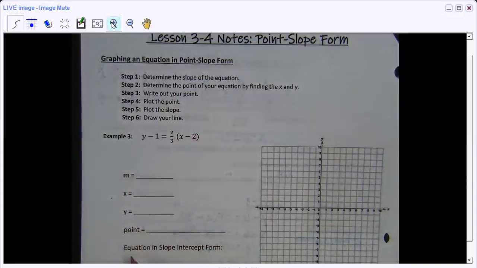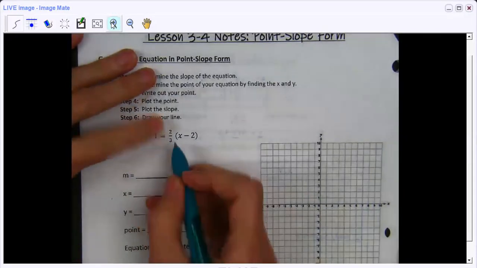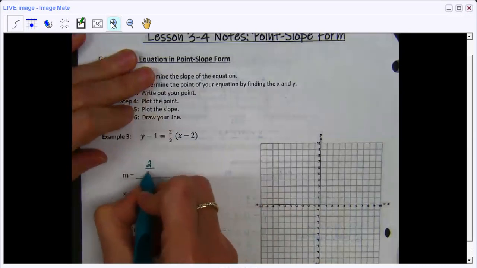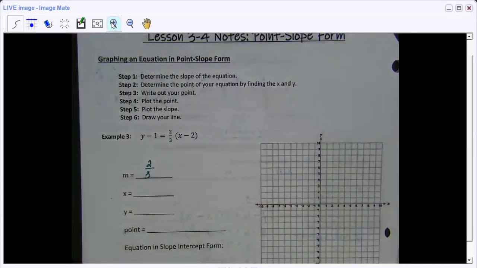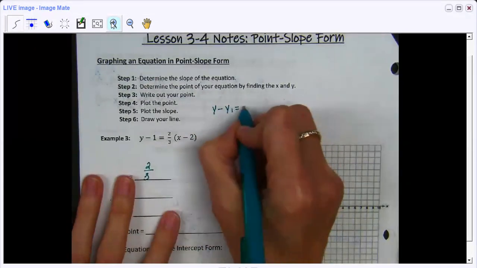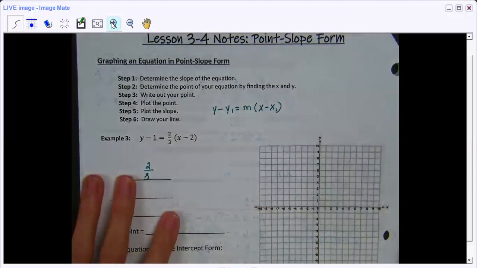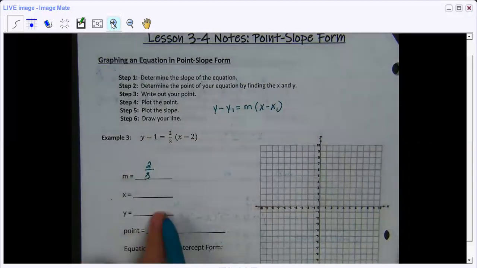Okay, so I know that my slope here is 2/3, but extracting my point out of this is a little bit different because remember, my formula is y minus y1 equals slope times x minus x1, okay? So let's look at our x here.